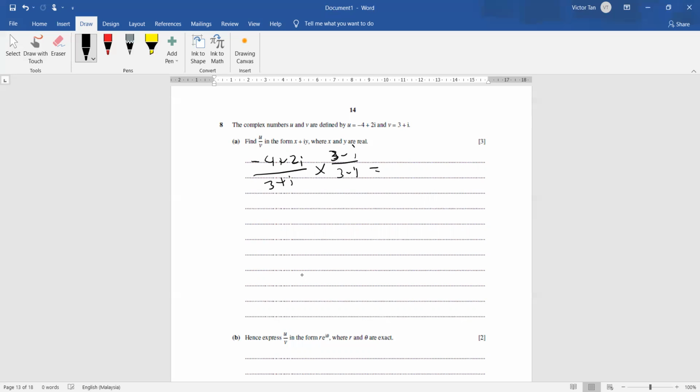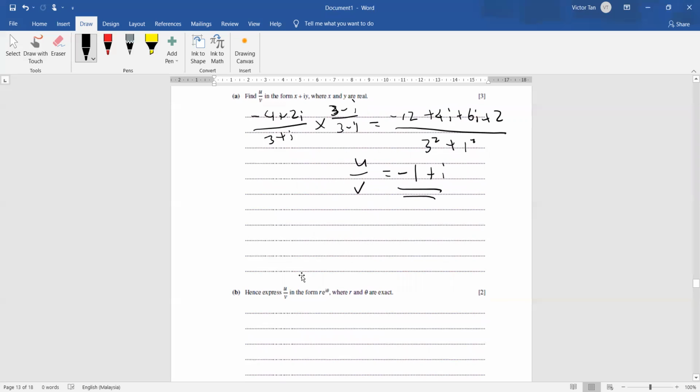So you will get minus 4 times 3 is minus 12, plus 4i, plus 6i, plus 2, over 3 squared plus 1 squared. You have minus 12 plus 2, which is minus 10, over 10 is minus 1 plus i. So this is your answer, u over v.